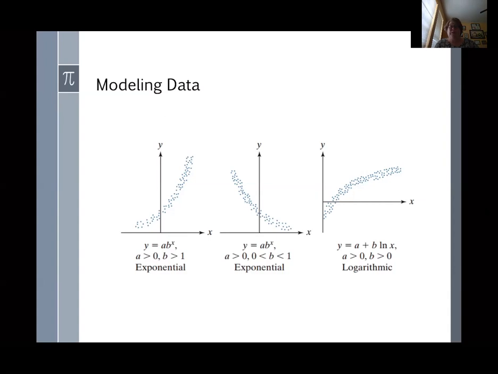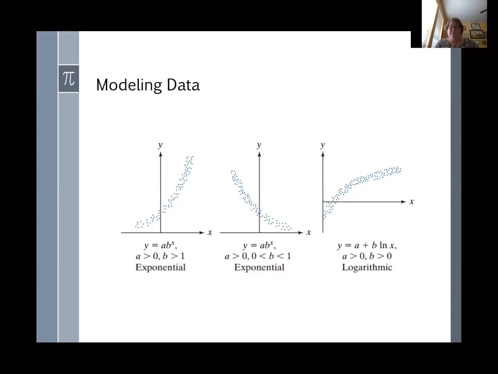The first two models we have here, we've drawn scatter plots. And what's a scatter plot? A scatter plot is just when you plot your ordered pairs on a coordinate plane. The first scatter plot we have there is exponential growth, just like what we looked at a few minutes ago.